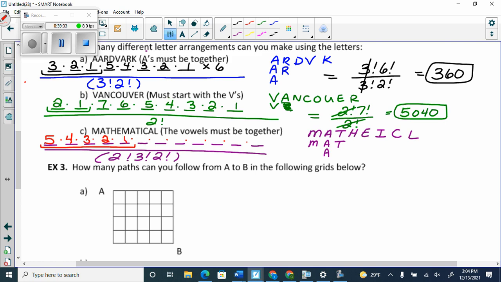I've used up 5 of 12. So how many are left? 7. Then 6, 5, 4, 3, 2, 1.